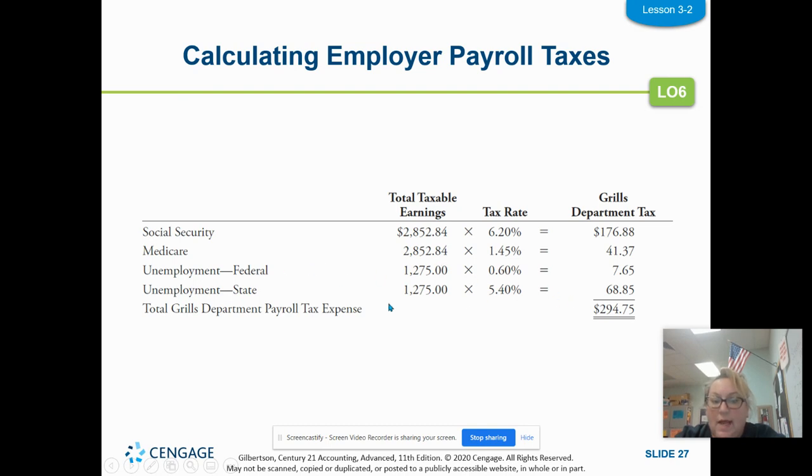Our unemployment tax, remember, is based on those earnings under 7,000. So we still have a couple of employees that haven't hit that 7,000 mark. That's why it's only 1,200 compared to 28. Hopefully when you get to it, it'll refresh your memory.